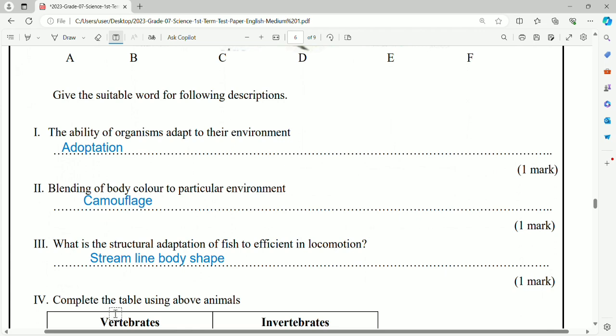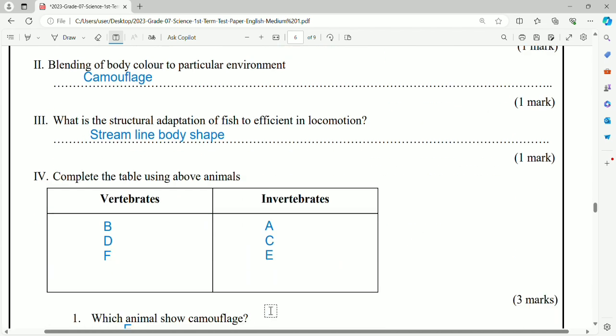Streamlined body shape. Not only fish, birds also have a streamlined body shape in order to minimize the resistance made by air, and for fish, the resistance made by water. So commonly we say the streamlined body shape helps for efficient locomotion.